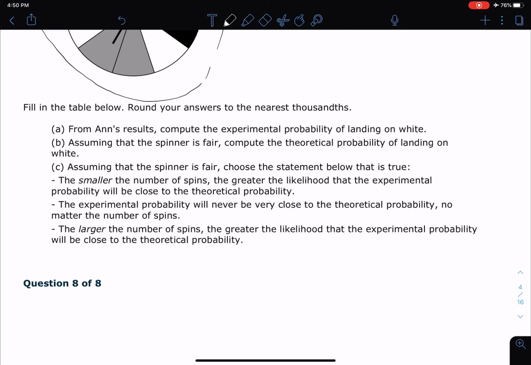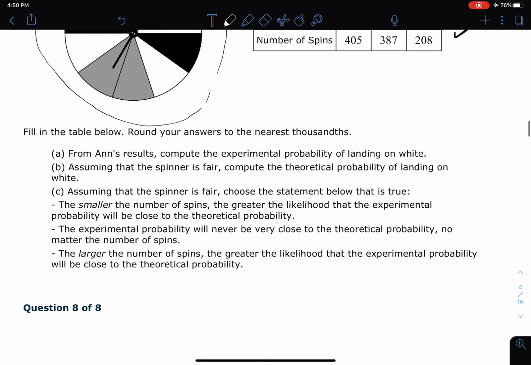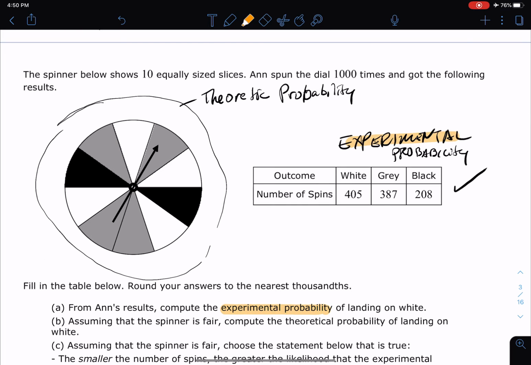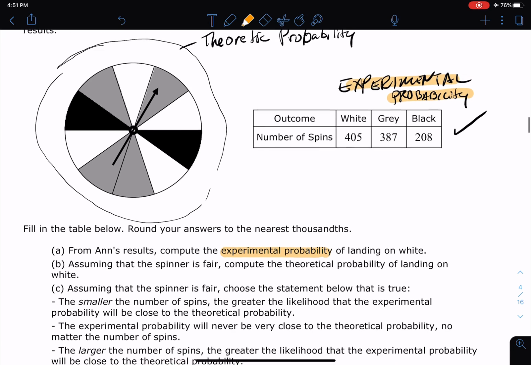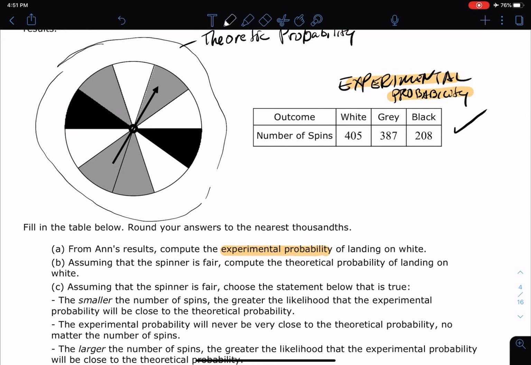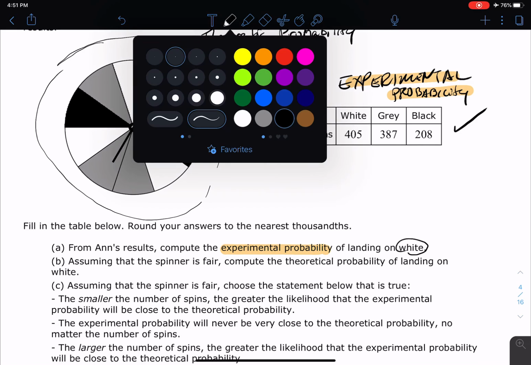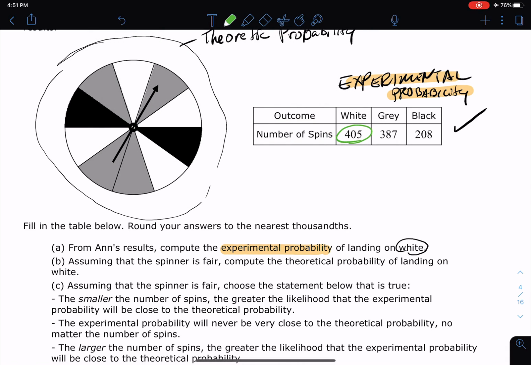From Ann's results, so that's the experiment, compute the experimental probability. There it is right there. Experimental probability, of course, is going to be from the experiment. On landing on white. So this experimental probability is going to be, well, how many times did they land on white in the experiment? Well, that was 405 times.